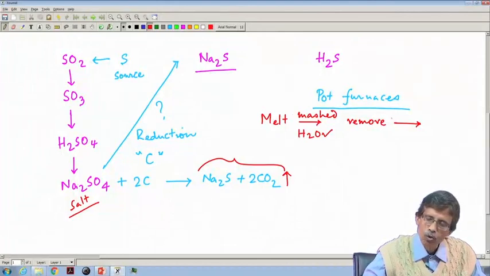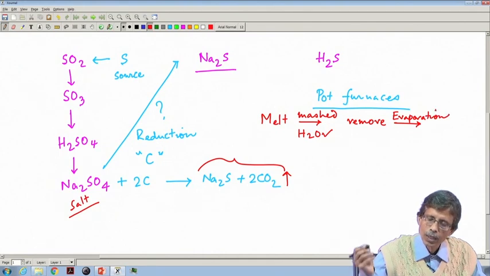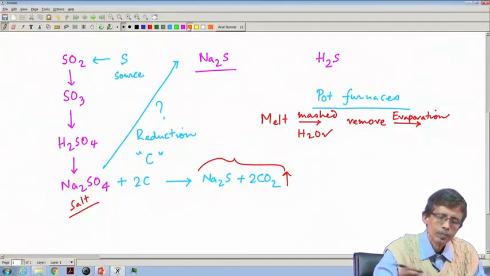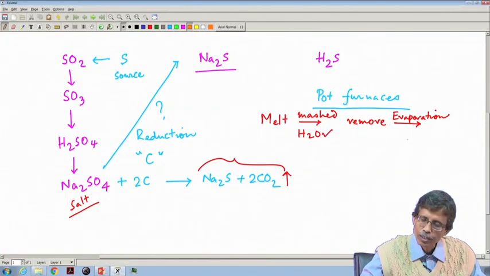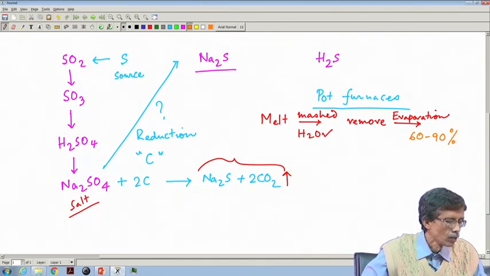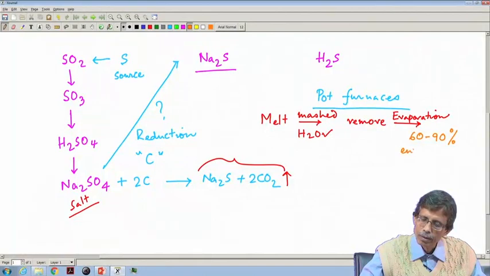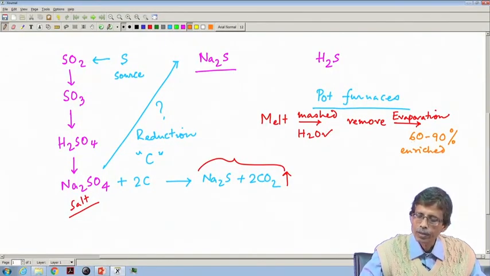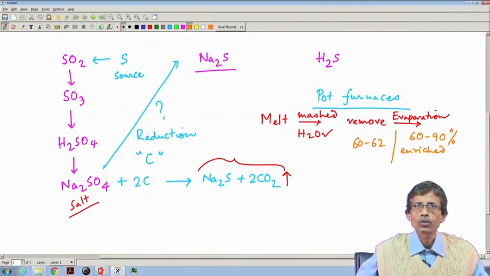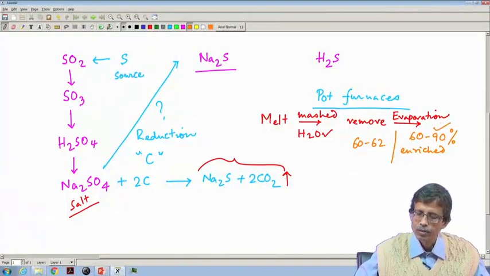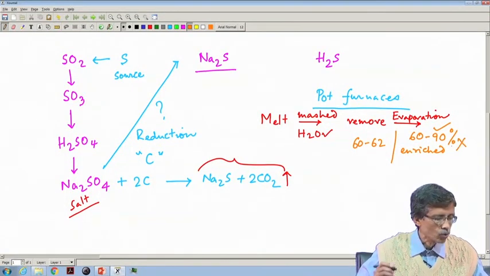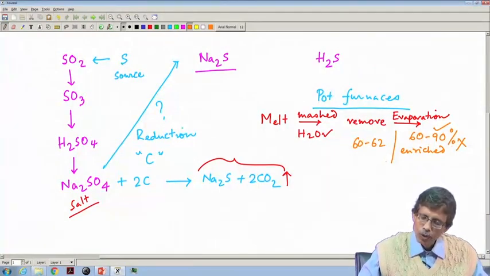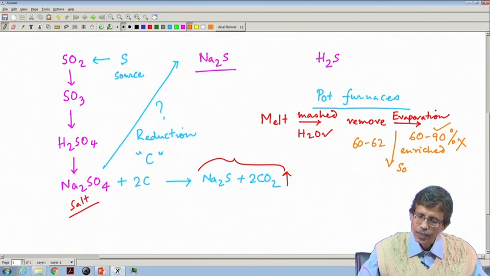So, you remove it and you go for evaporation. Through that evaporation, you get enrichment, a concentration from 60 to 90% can be achieved, but roughly speaking 60 to 62% is basically achieved, because the high range is not very easy to achieve. Then we go for crystallization or solidification.